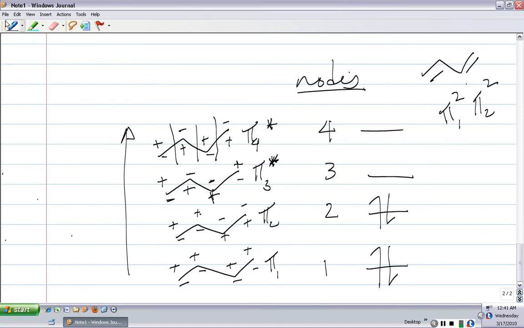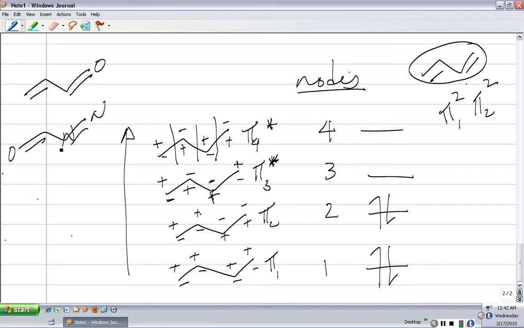Now, one of the points I want to make is that it does not matter what my system looks like. This molecular orbital diagram is true for 1,3-butadiene, as it is for this alpha, beta unsaturated ketone, as it is for this species, as it is for anything of that nature, because all I'm interested in is the p-p interaction. In all of these systems, there are 4 interacting p orbitals, so the system looks exactly the same.